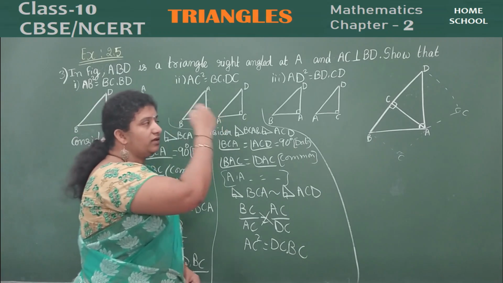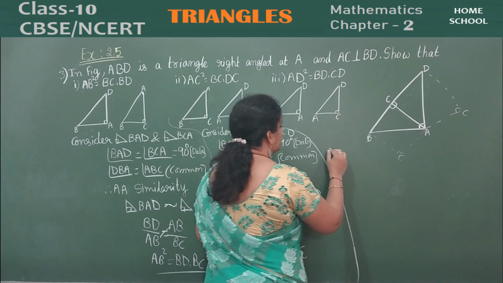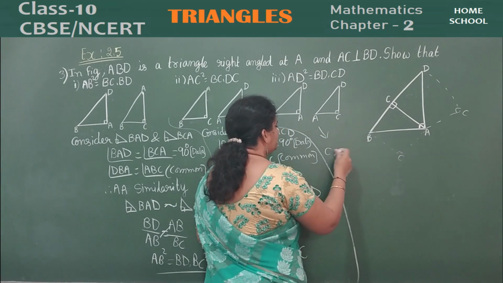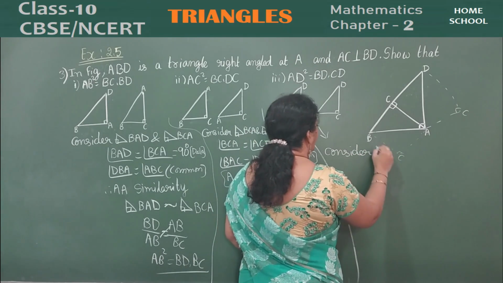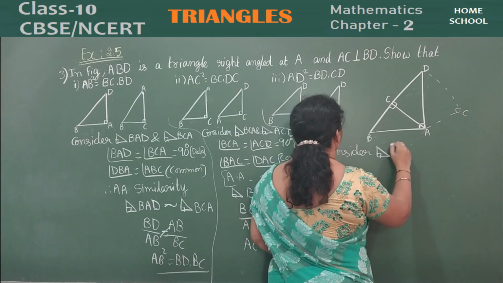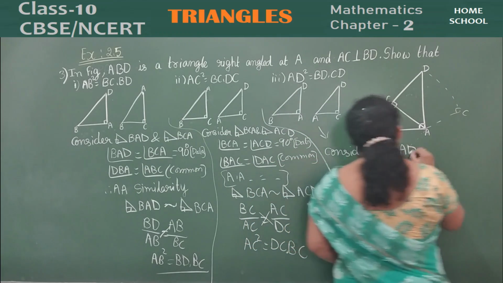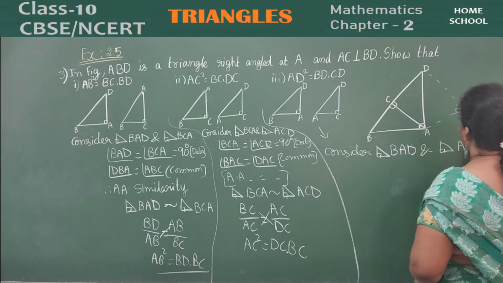Then coming to your third one, these two triangles. So let me start here. Consider right triangle, what is the right triangle here? BAD and right triangle ACD.